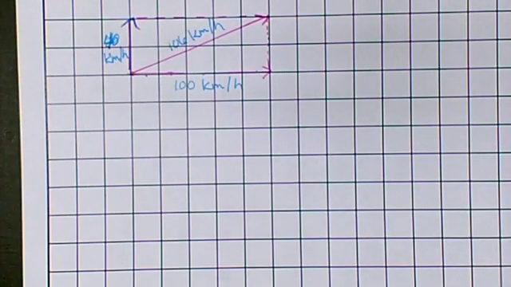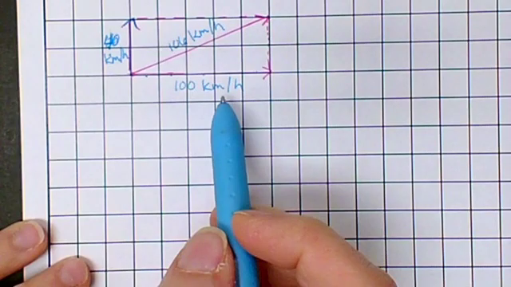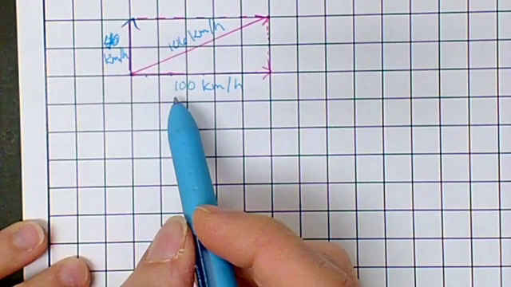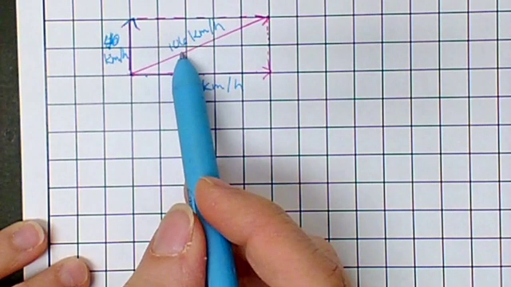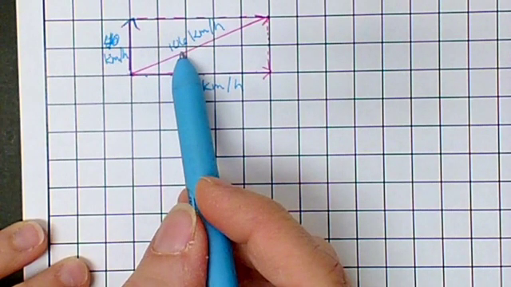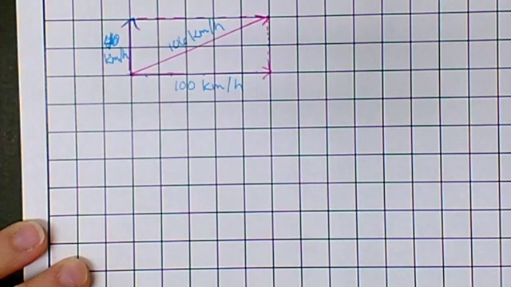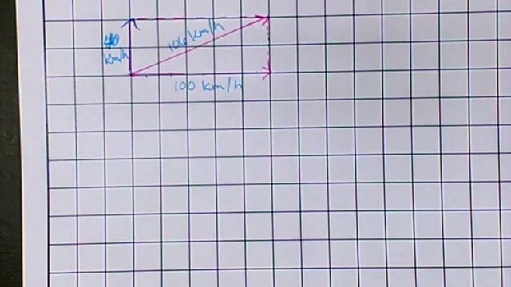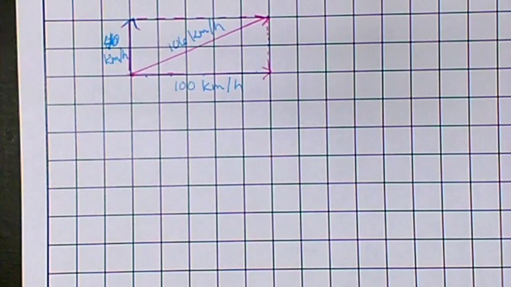So it's just the opposite process. And then if I were to use Pythagorean's theorem to plug these numbers in, I would actually find that I am pretty close with this. I think when I use Pythagorean's theorem, it comes out to 108 kilometers per hour. So using this graphing method is actually really close if I check my answer with Pythagorean's theorem.